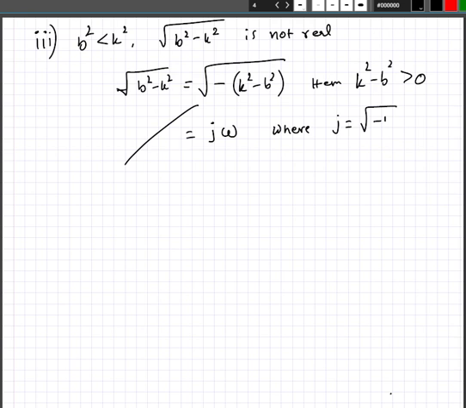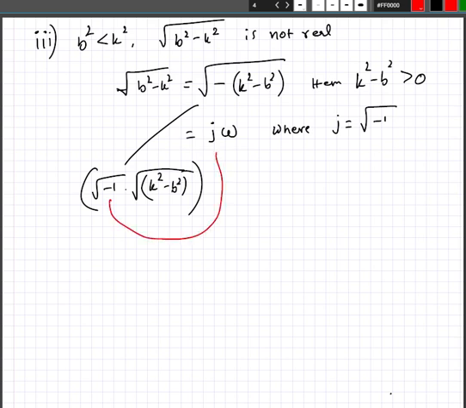So it's actually written as square root of minus 1 into square root of K square minus B square. And this is j, and that is omega.